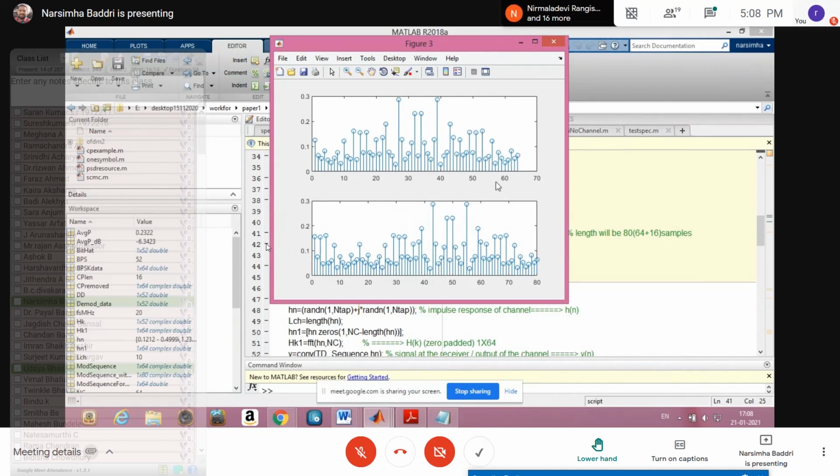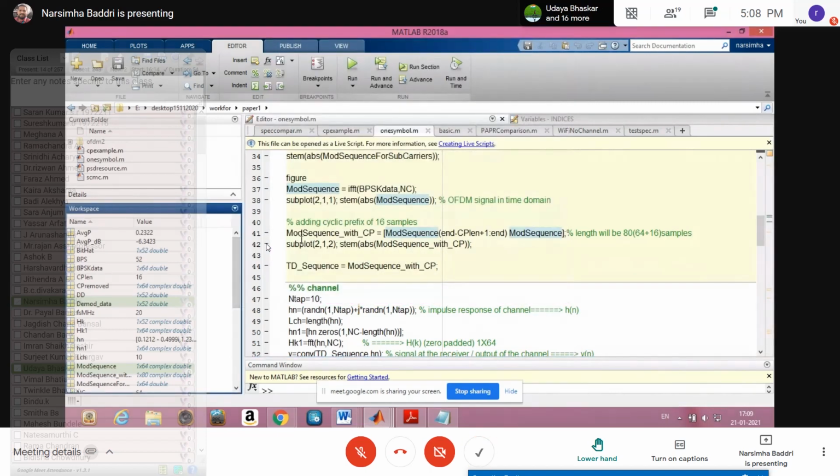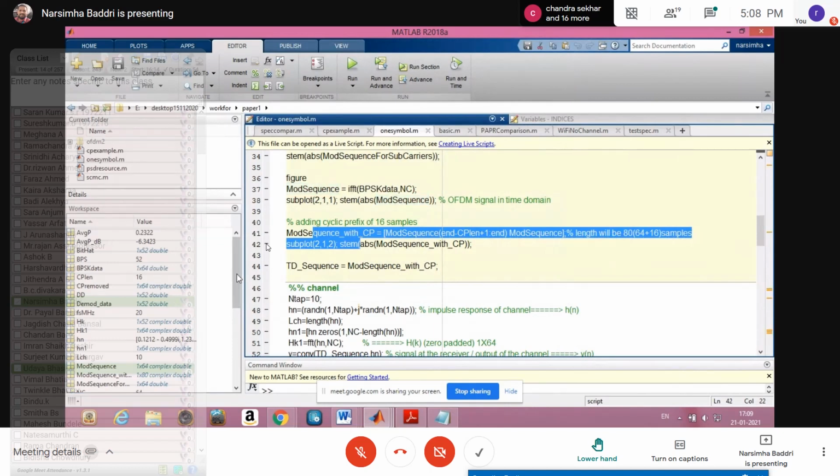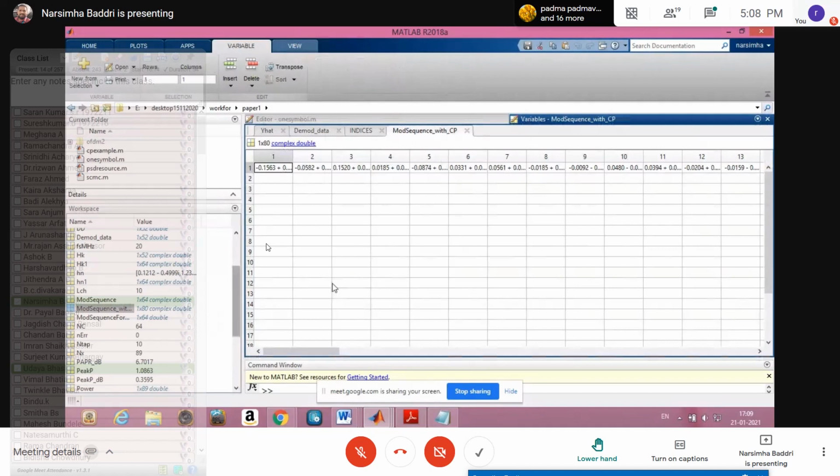If you look at this second plot, the first one is all 64 samples, which correspond to 64 carriers, and we take the last 16 samples and append them at the beginning of the data. You can see how the last 16 will be appended in the beginning.